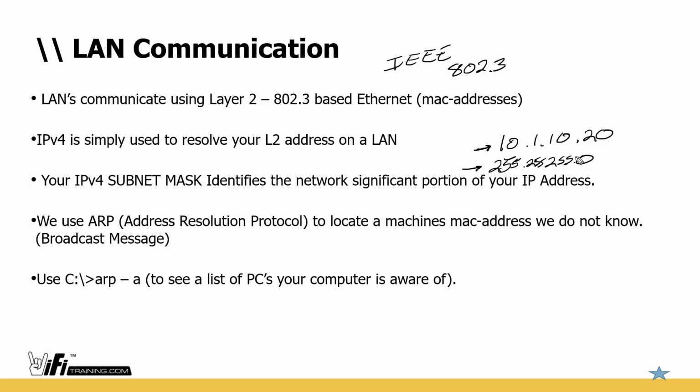So this mask tells me that this host is on the 10.1.10 network. That's the network address. And my host ID is 20 on that network. So basically that mask tells me that I can communicate with anybody from 10.1.10.0 through 10.1.10.254. And again, all the mechanics of that we talk about in a later module.